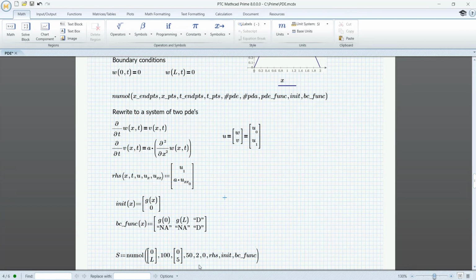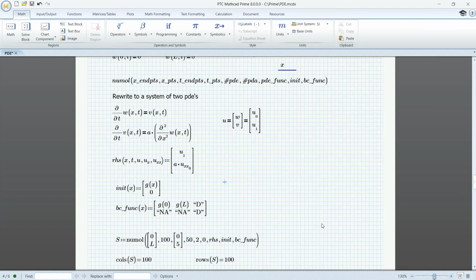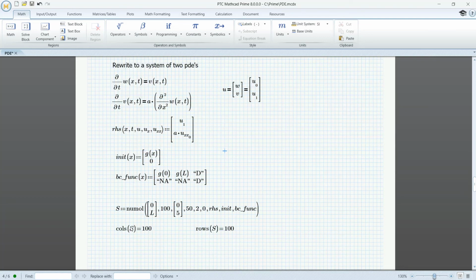Note that we here have two PDEs. We have assigned the output of the numol function to S, and let's take a look at the columns in S. There are hundreds, and there are 100 rows.